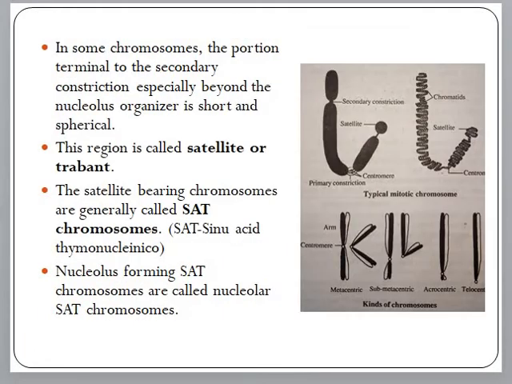Due to the presence of secondary constriction on a chromosome, it makes a knob-like region on the tip of the chromosome beyond the secondary constriction. This region is called satellite or trabant, and the satellite-bearing chromosomes are called SAT chromosomes.